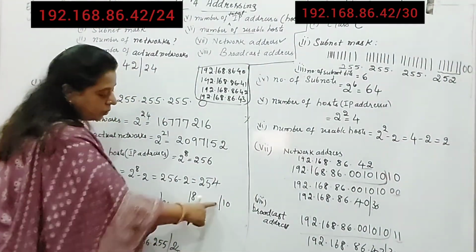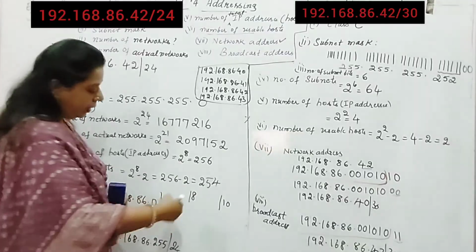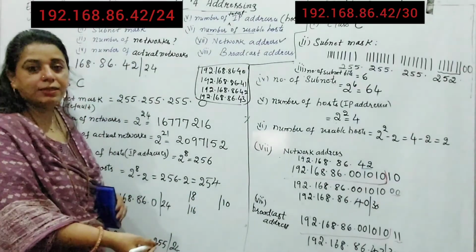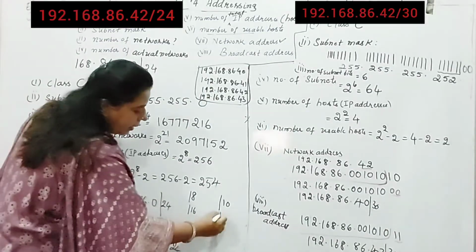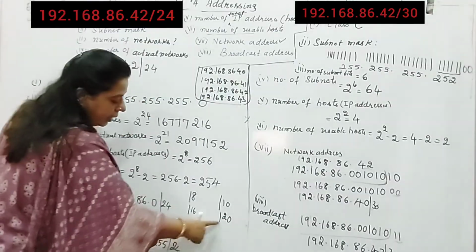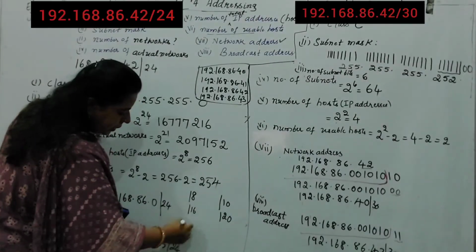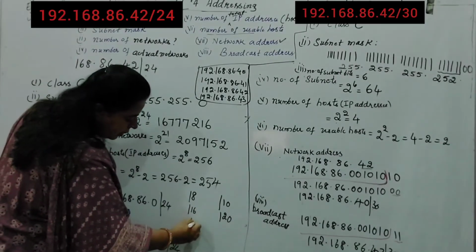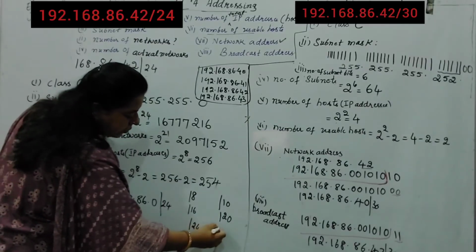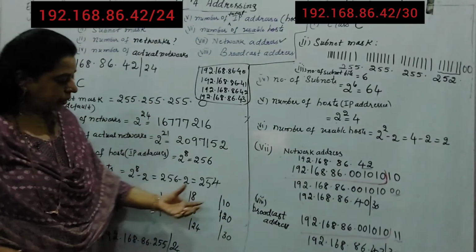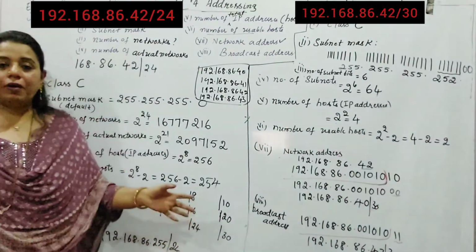Both were class A. Next I gave an IP address of class B with /16, the default value, then /20. And the third set of examples: first a class C address with the default value /24, and next an example for /30. You can see these 6 examples I have covered in this session.